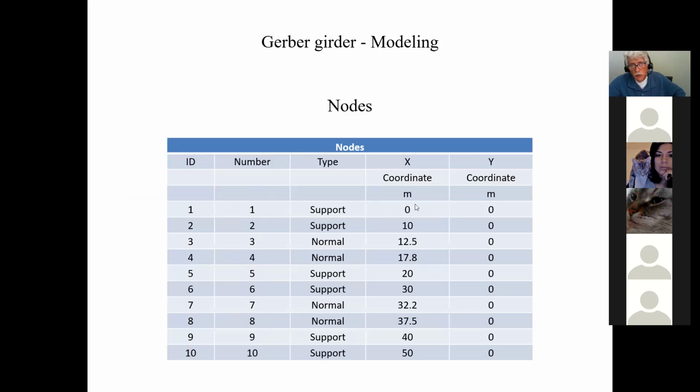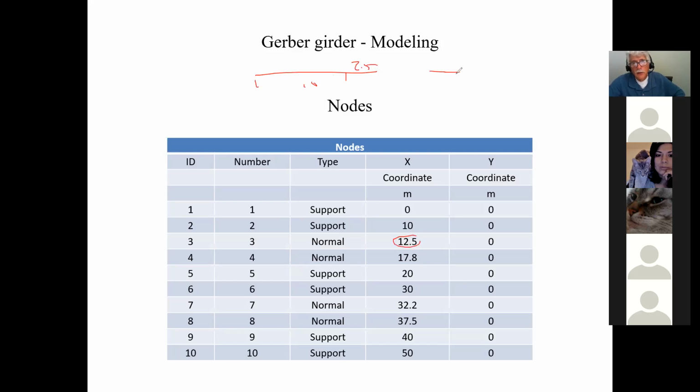Of course, the very first one starts at 0. Then the first column is at 10 meters. The second one is at 12.5 meters, because if you remember, the overhang was 2.5 meters. So in other words, from here to here, I have 10 meters. Then I've got 2.5 meters, so therefore, this is at 12.5.